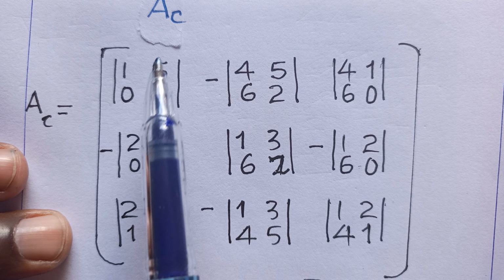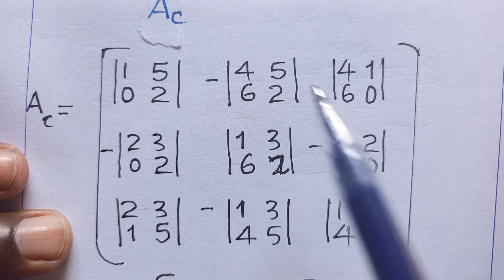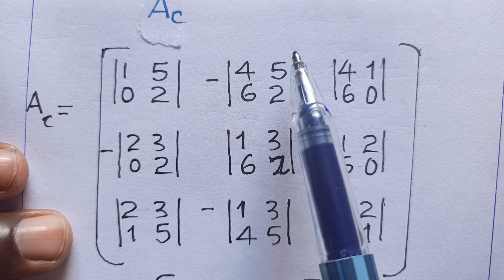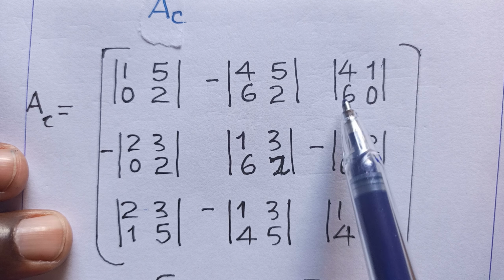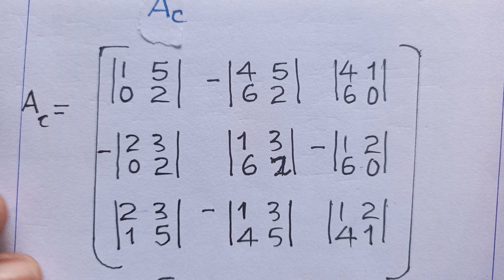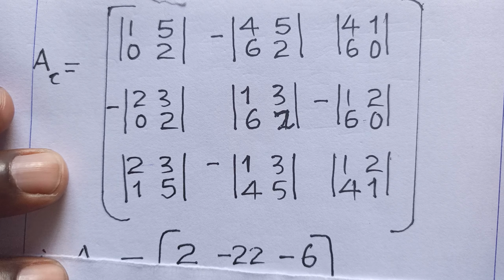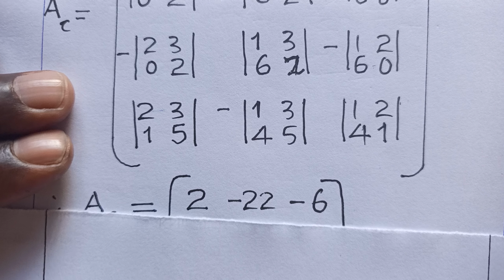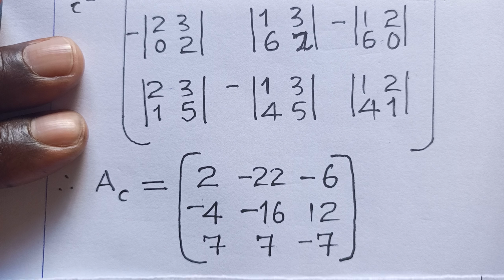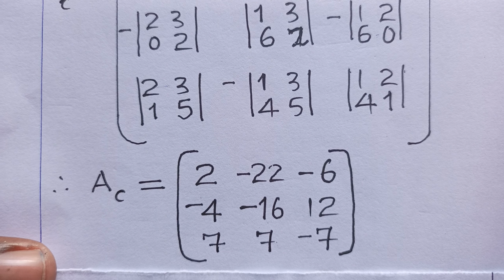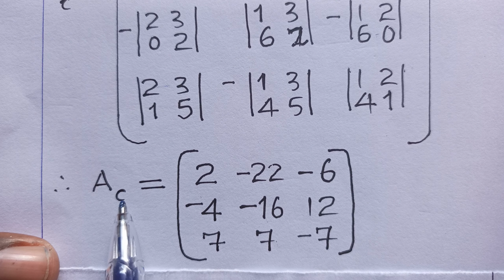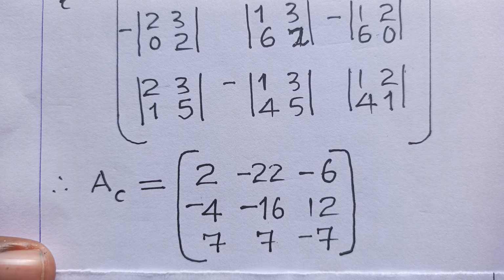For this it is 2 minus 0. For this we have 8 minus 30. For this one we have 0 minus 6. We do that for all of them. And when we do that, guys, this is what we are going to have. This now is going to be the matrix of cofactors. As you can see, the C represents the matrix of cofactors.